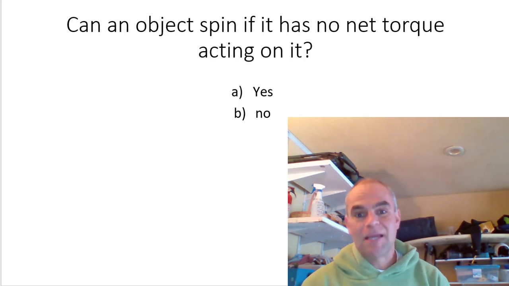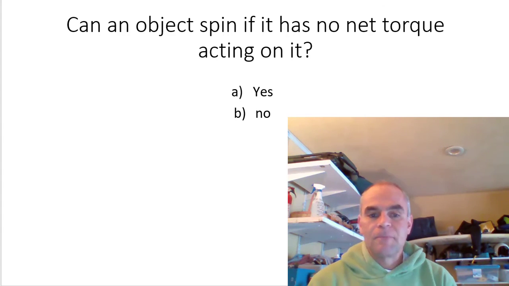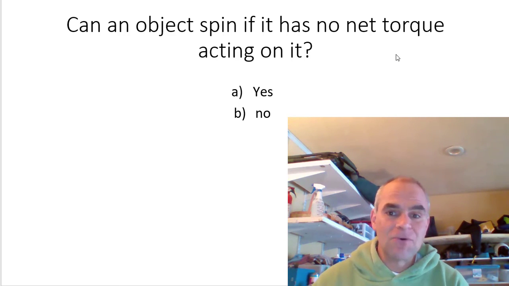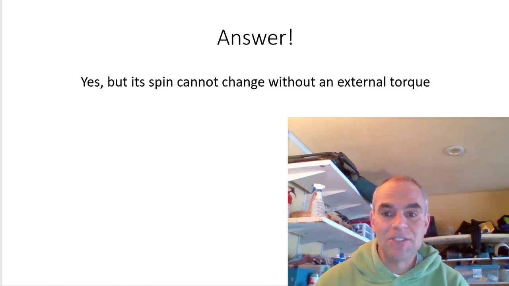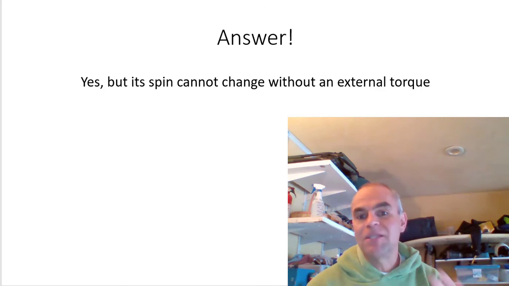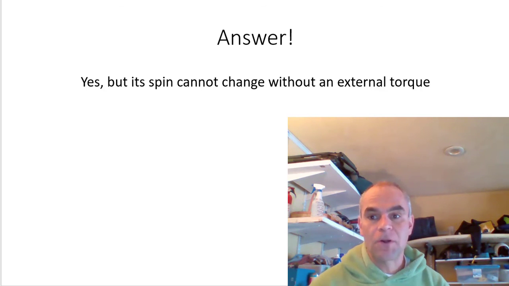So thinking of spinning as kind of like motion, and torque is kind of like force, at least metaphorically or analogically. So if you consider that question, if there's no net torque on an object, yes, it can spin. It's just that its spin can't change. So the external torque is what's needed to cause the spin to change, whether increasing its rate of spin or decreasing its rate of spin. But it can spin without torque.